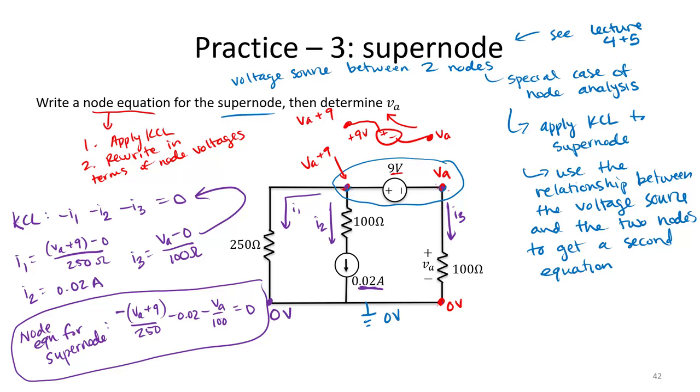So we finished the first part. We have successfully determined that node equation. Now we need to solve for our voltage VA.